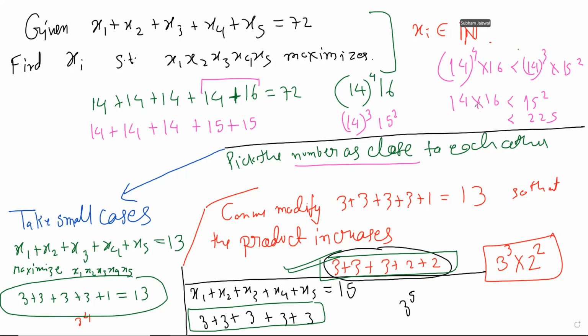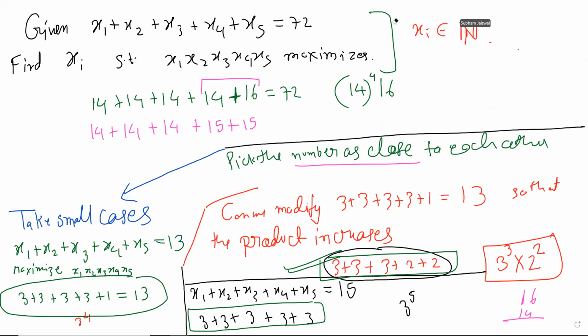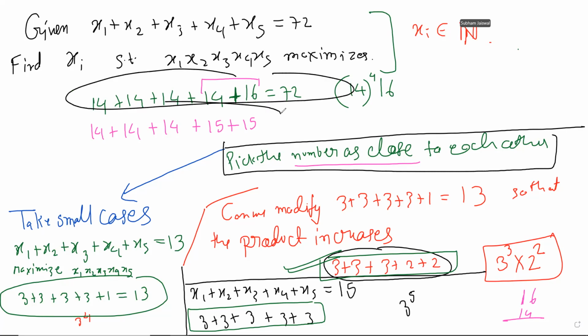How much is this? I don't know. Just check it. 16. Yeah, 224, just less by 1. But it's less. So you see, with this rule that you must pick the numbers as close to each other, once you understand this rule clearly, there will be no problem in deciding whether this will work or this will work.